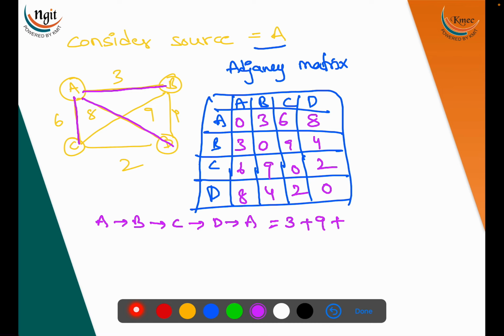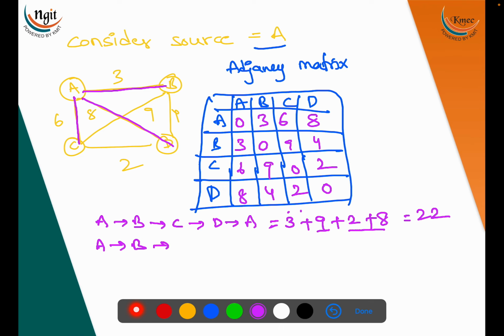The cost of C to D is 2. The cost of D to A is 8. So total is what? 8 plus 2, 10. 10 plus 9, 19, 20, 21, 22. So the total cost of this tour is 22. Now, another permutation also you can see and calculate the cost.